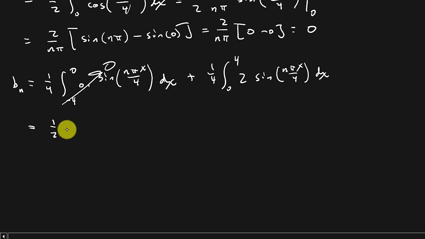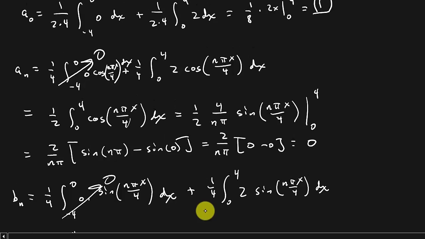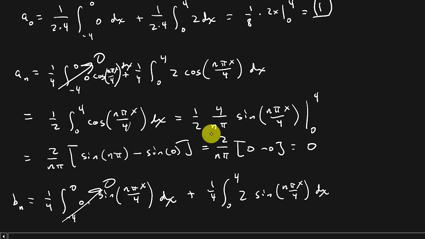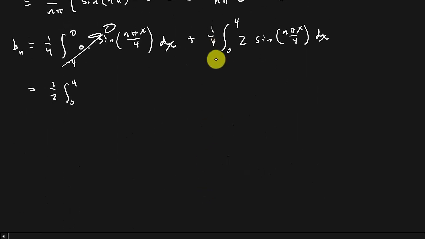And so let's write 1/2 times the integral from 0 to 4 of sine of n pi x over 4 dx.